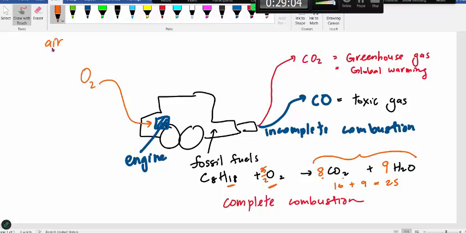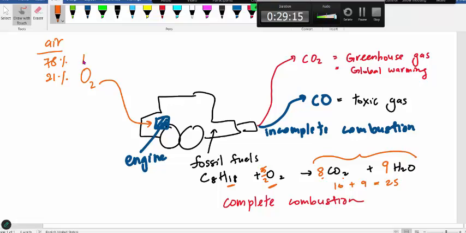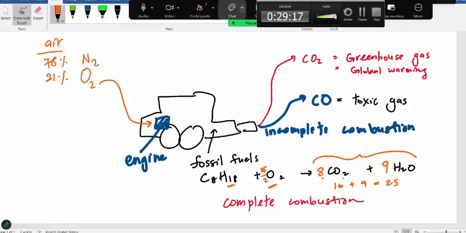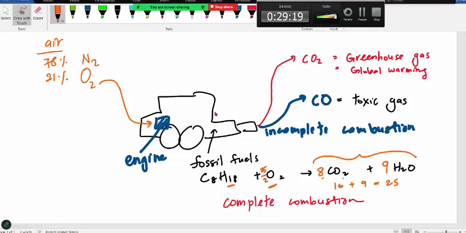Now, in our air, it is 21% oxygen, but 78% is what? Nitrogen. Yes, 78% is nitrogen. So the nitrogen will also be sucked in. Now, in natural cases, nitrogen is usually inert.